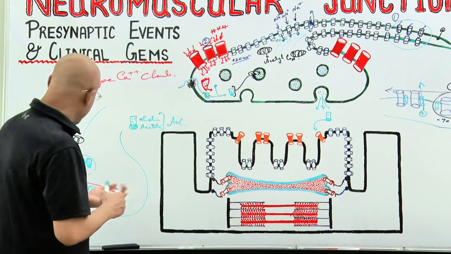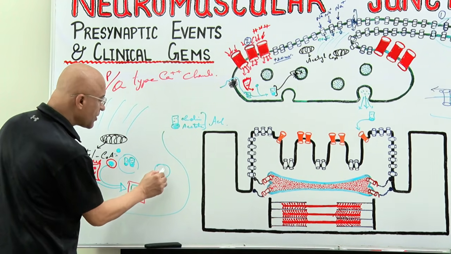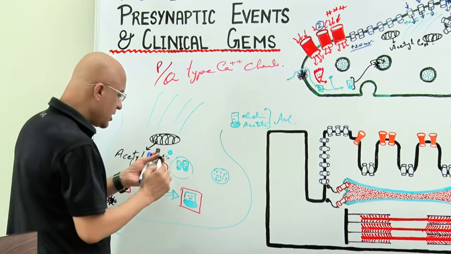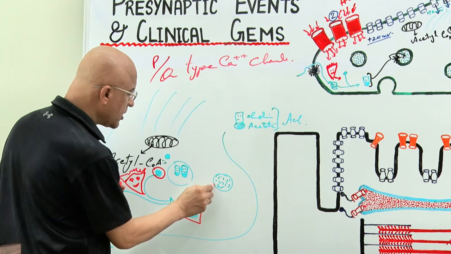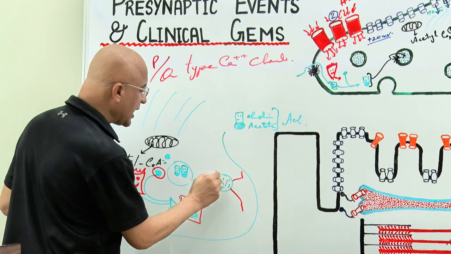But once calcium comes in, what is it doing exactly? Actually, this is the vesicle, loaded with what? Acetylcholine, right? This vesicle has some special type of, you can say, special legs.